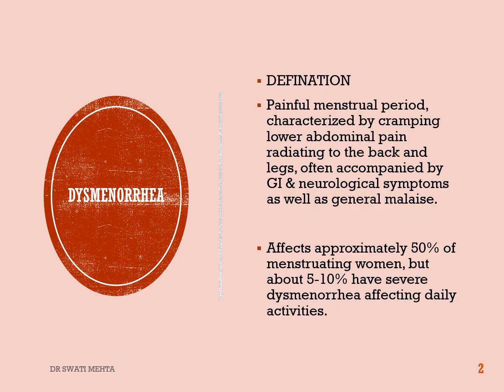Nearly half of menstruating women experience some degree of menstrual pain. However, in about 5 to 10% of women, the pain is severe enough to interfere with school, work, and daily activities. Understanding the underlying cause is essential for proper management.